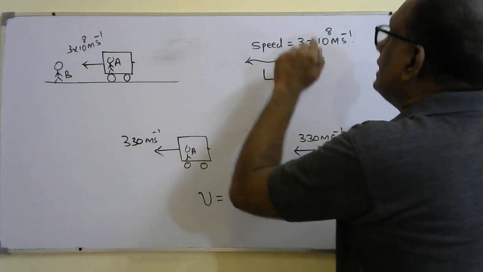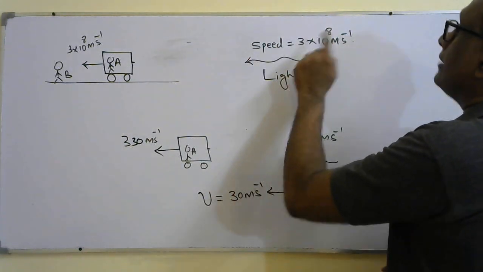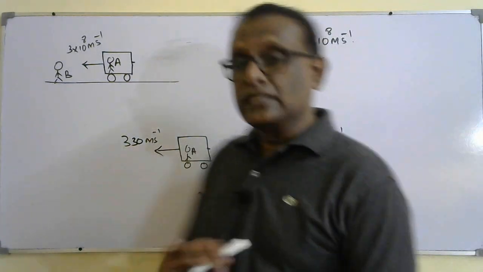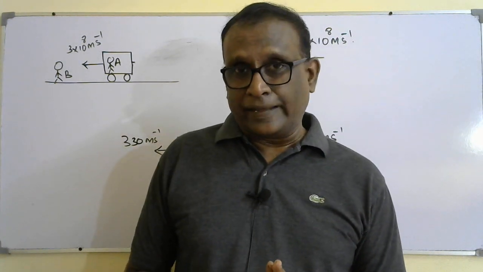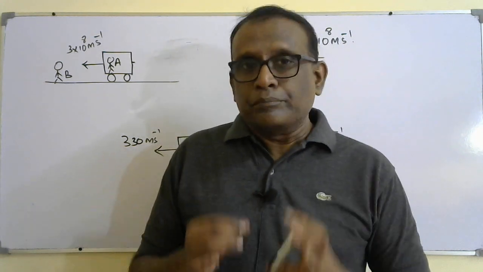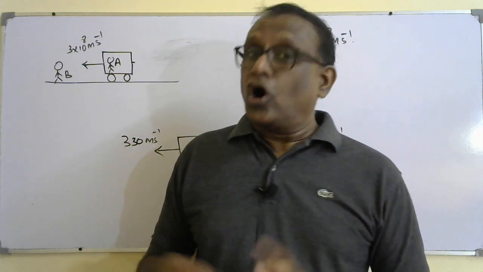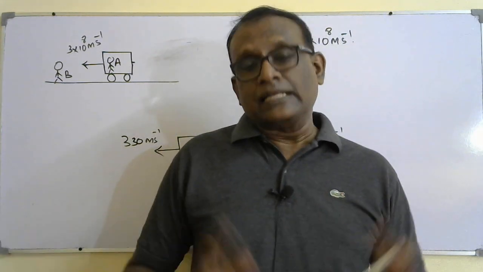The speed of light measured by A remains the same, 3 × 10^8 meter per second. There is no change in the speed of light or electromagnetic wave relative to a frame of reference. That is the very basic fundamental idea or postulate used in relativity. That is true, experimentally confirmed.